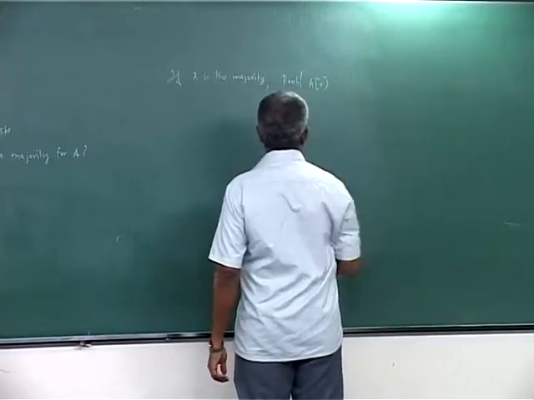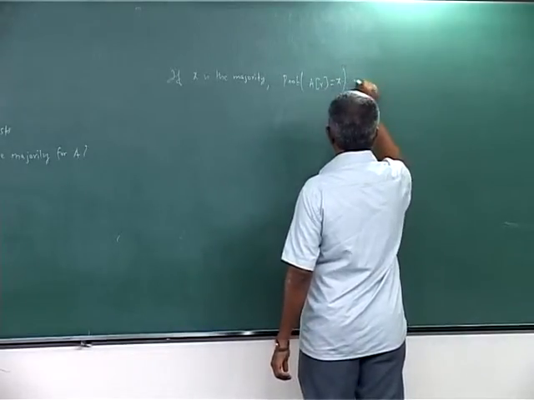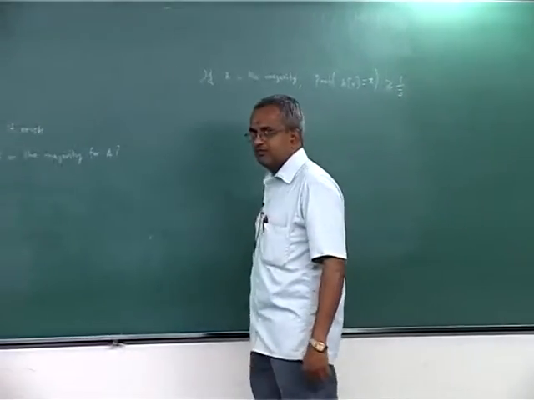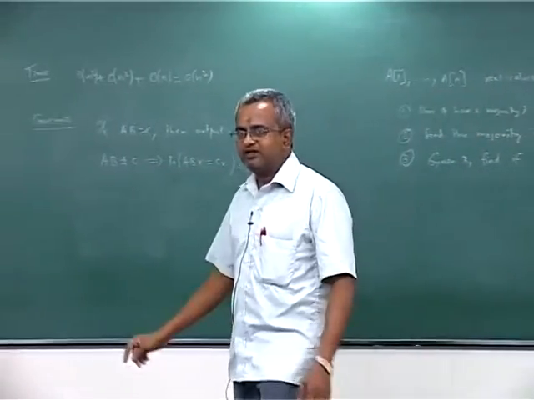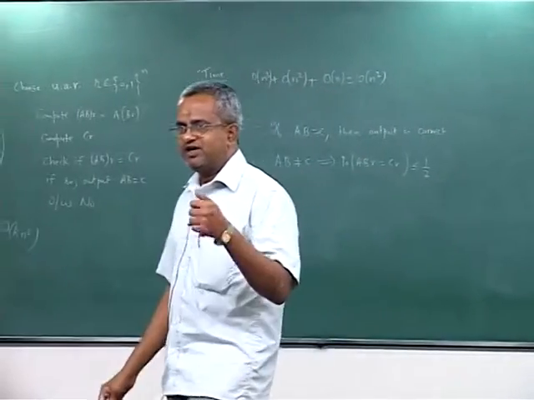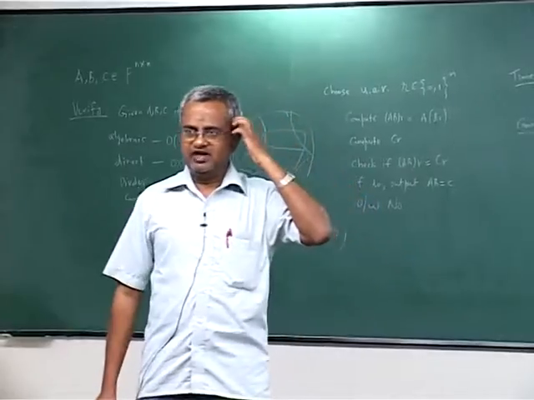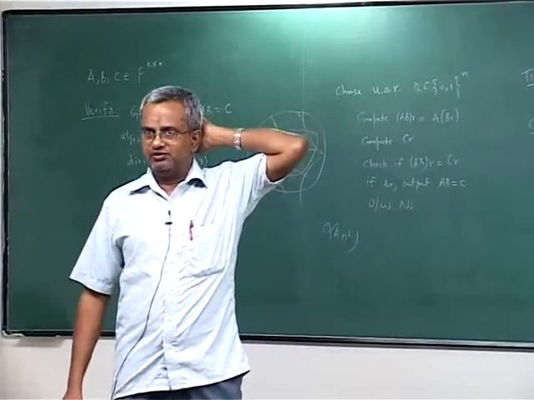So you pick uniformly at random a position r, and the probability that a of r equals x is at least half. Hence you can design the algorithm this way: pick uniformly at random a position, and if it happens to be x, output yes, otherwise output no.